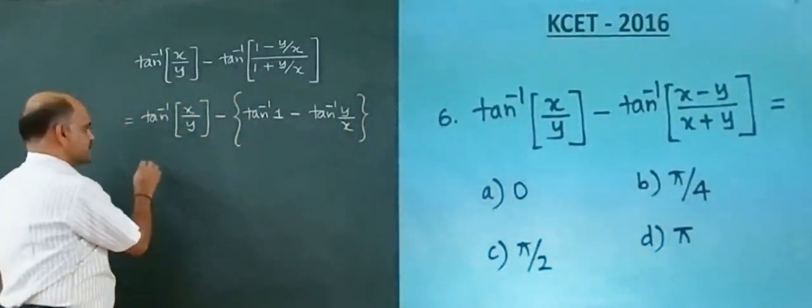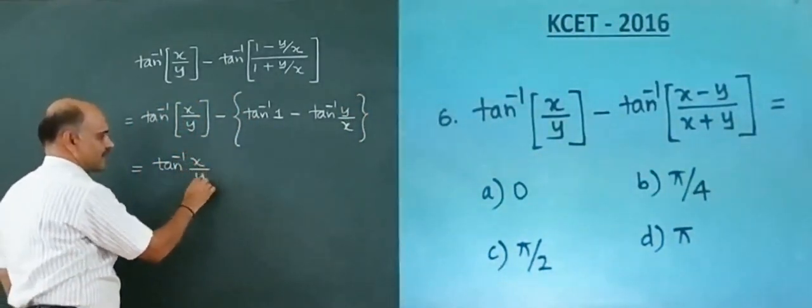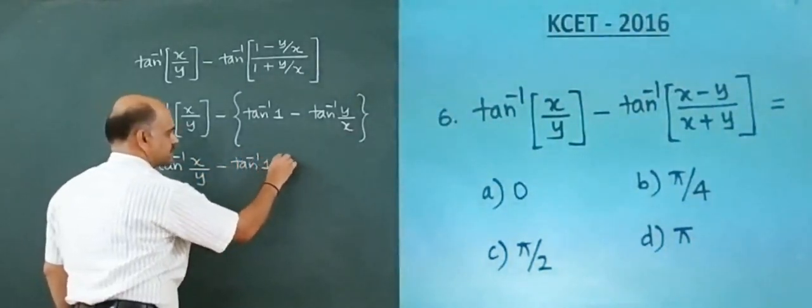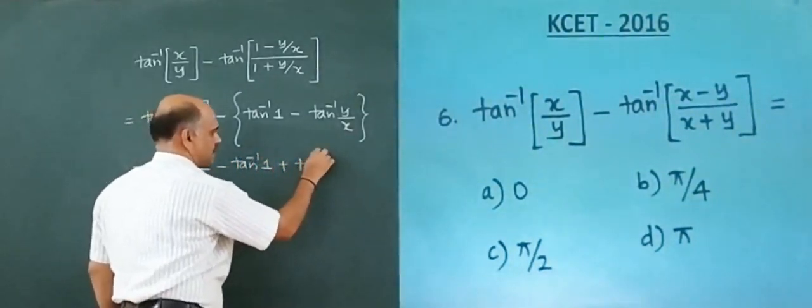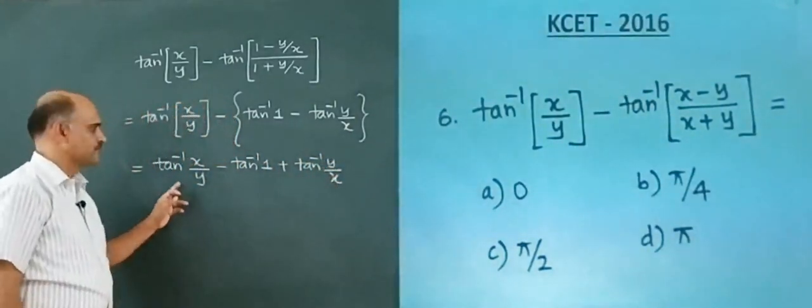Now I will take minus inside. So you will have tan inverse x by y minus tan inverse 1 plus tan inverse y by x.